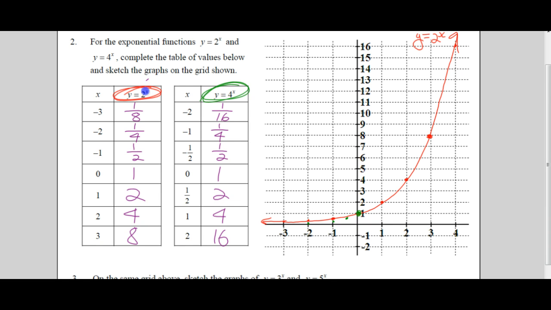So these guys are right on top of each other. 1 is 4. And 2 is 16. So it looks like it's going to climb a lot faster. But on this side, it's going to fall much faster. So the green one is y equals 4 to the power x.